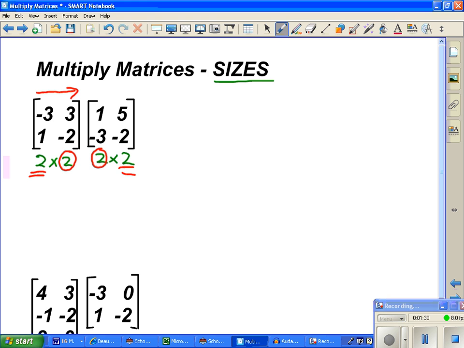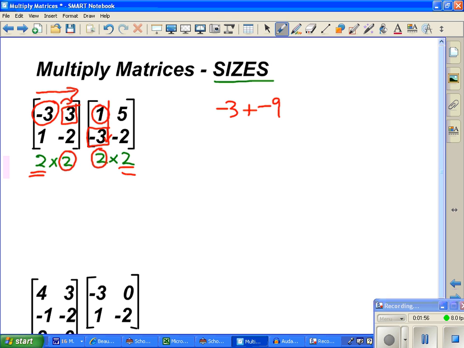Now if you recall, we multiply across the row and down the column, and we multiply pieces in succession. So I'm going to multiply -3 times 1 and get -3, and I'm going to add that to, now I go to the next number, 3 times -3, well that's -9.